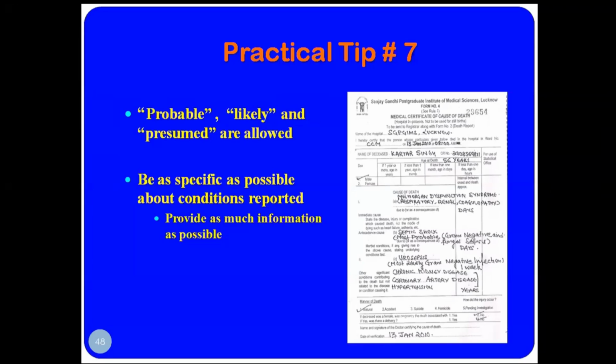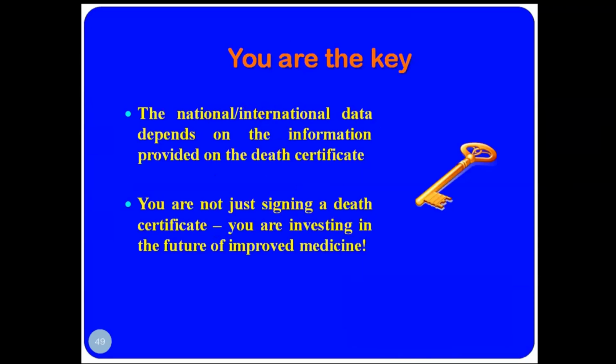When we analyze death certificates over a period of time and do statistical analysis, we will understand how many gram-negative urosepsis patients are dying of multi-organ failure. And if the patient suffered septic shock, and it is gram-negative or fungal sepsis, you can write gram-negative sepsis or fungal sepsis. So we know how many patients are dying because of fungal sepsis. Most probable, most likely, it is all allowed to you.